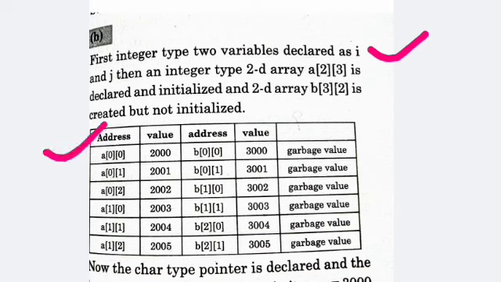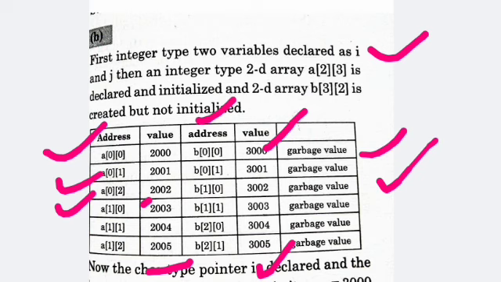Going from address A00, it contains the value 2000, and address 01 contains 2001, and address 02 contains 2002, and so on up to 2005. And come to the array B. Here the array B contains the values starting from 3000 up to 3005, and it also contains garbage values with respect to each.